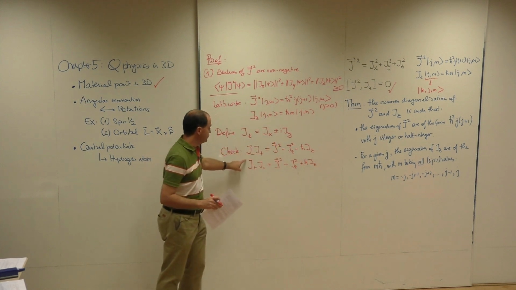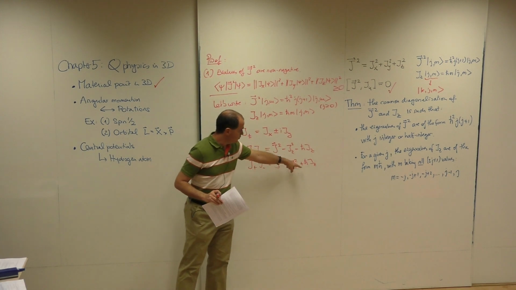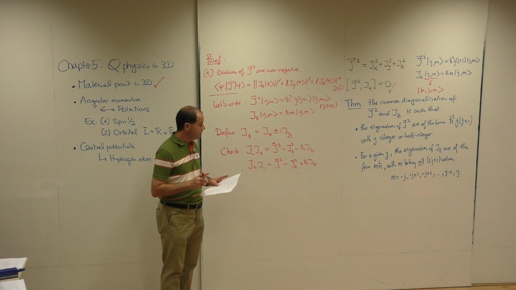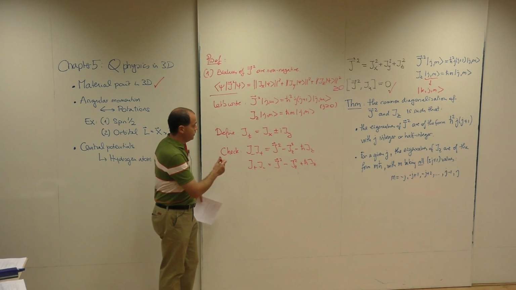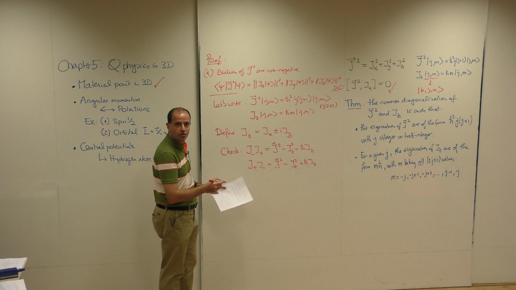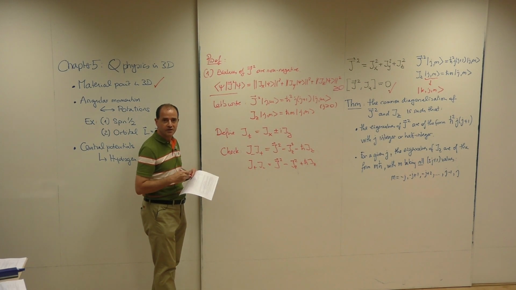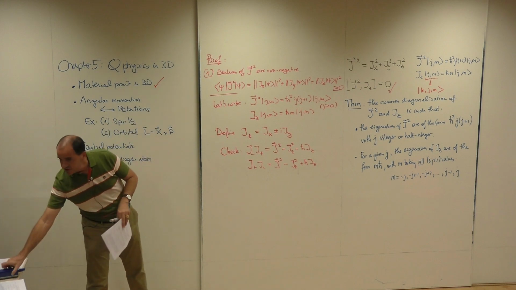In particular, these two do not commute, the commutator being 2 h bar Jz. Okay, this you can check. It's done in the lecture notes. You can do it as a personal exercise if you want. Again, it's a matter of using those commutators of Jx, Jy, Jz.